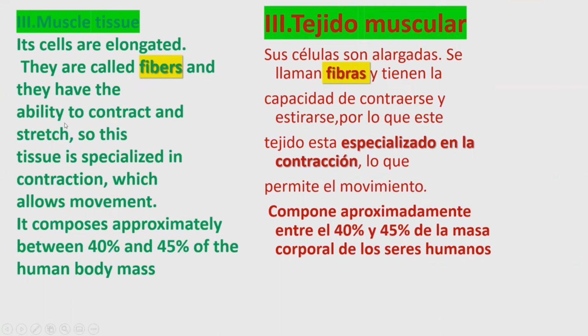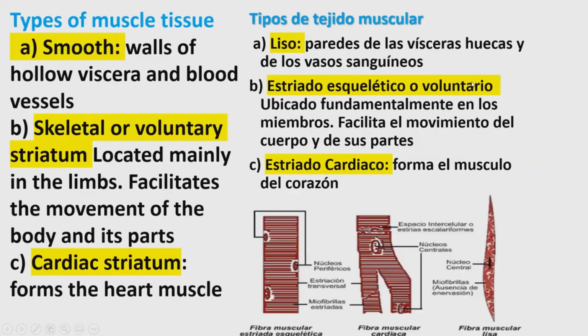They have the ability to contract and stretch, so this tissue is specialized in contraction, which allows movement. Types of muscle tissue: smooth, where we can find smooth muscle tissue in the walls of the hollow viscera and blood vessels. Other type: skeletal or voluntary striated.